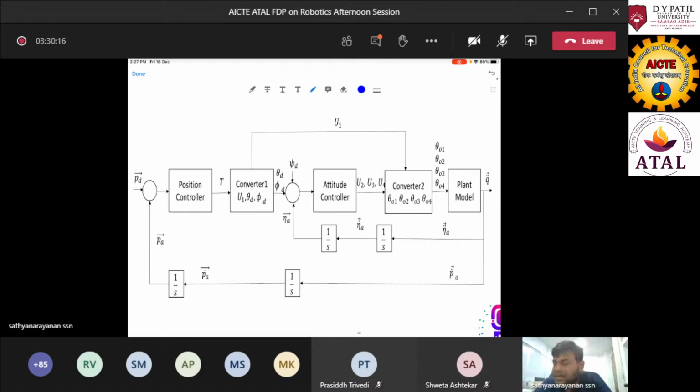Let's say you want to minimize the energy, or minimize the time taken to reach a particular point. Those are considered in the optimization function, and they try to find the best optimal solution for the control inputs for the variable pitch quad rotor with varying speed.